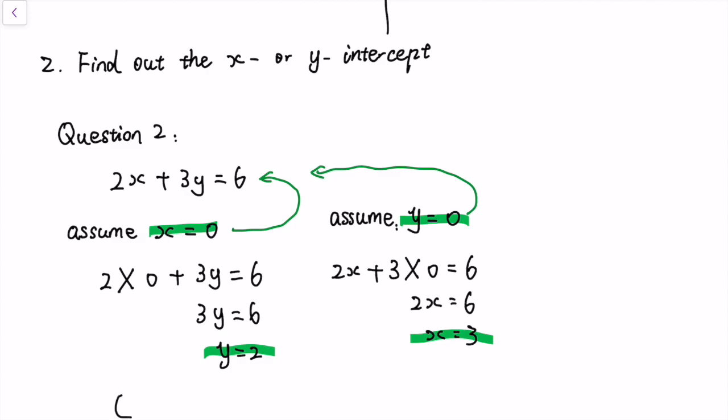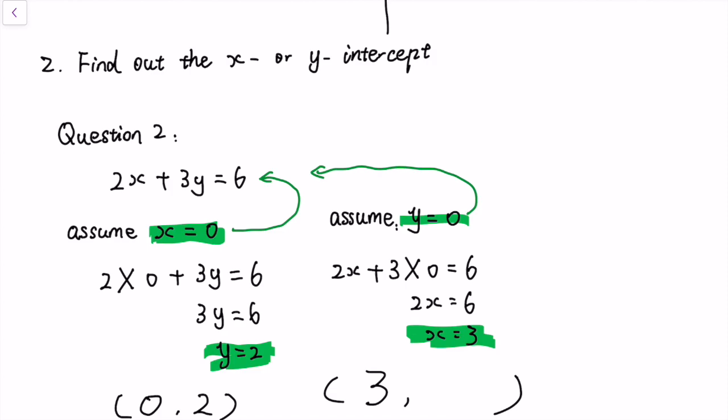X equals 0, so you put 0 here. Y equals 2, so you put 2 here. Then x equals 3, you put 3 here. And y equals 0, put it here. So you can get the intercepts.